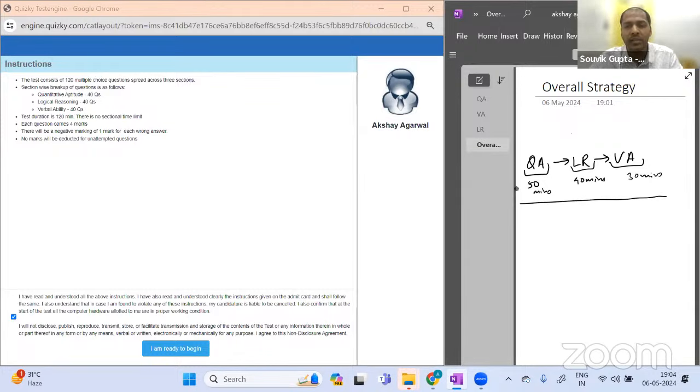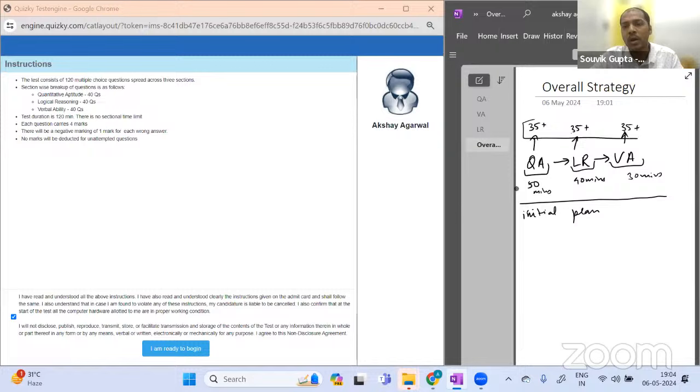My initial plan, if it is similar to the actual paper, is to solve at least 35 plus questions in QA, 35 plus in LR, and at least 35 in VA.